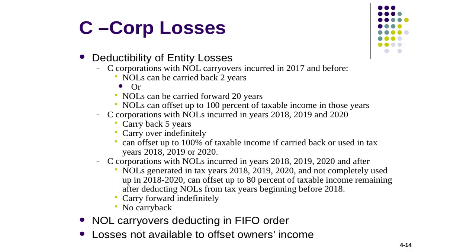And what makes the rules very specific is that they're related to the dates on which those losses were incurred. So whenever we have an NOL problem and we're trying to think about how to apply it to various tax years, we have to pay very close attention to the dates. I'll go through and highlight the dates as we talk about all the different pieces.